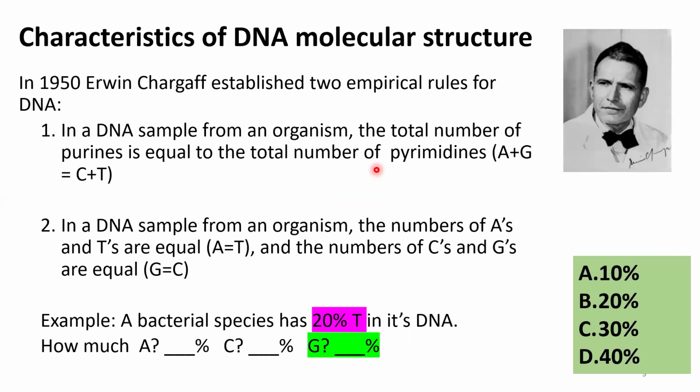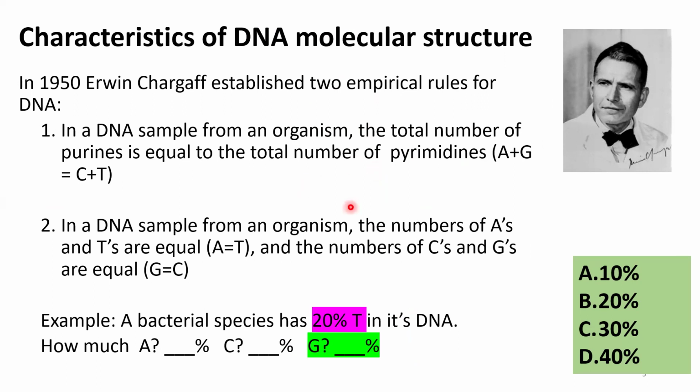Now, way back in the day, in the 1950s, there was a scientist named Erwin Chargaff. He was looking at the molecular structure of DNA, and he established two empirical rules for DNA.